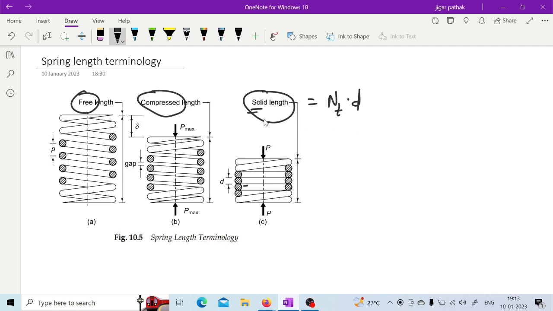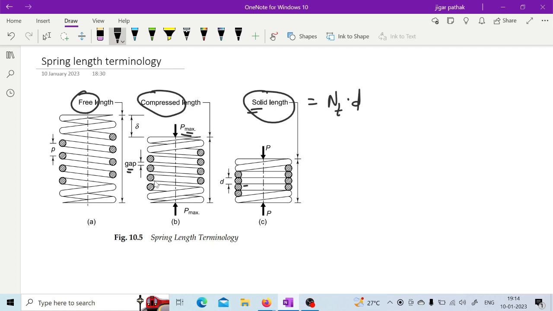Now in case of the compressed length, your spring is compressed at its fullest capacity, whatever maximum load it can bear, as mentioned here. At this maximum load, whatever is the state of the spring is known as the compressed length. In this case, you have a particular gap between two coils as shown in the figure, so we need to have an idea about the total gap.